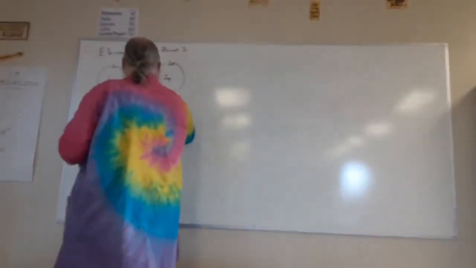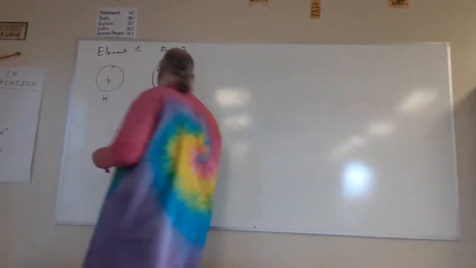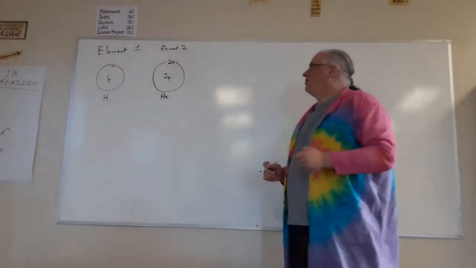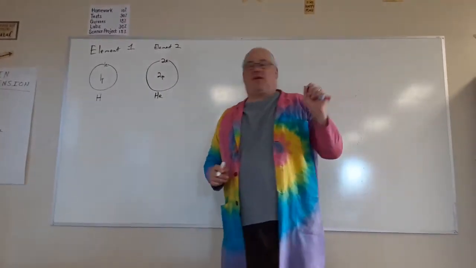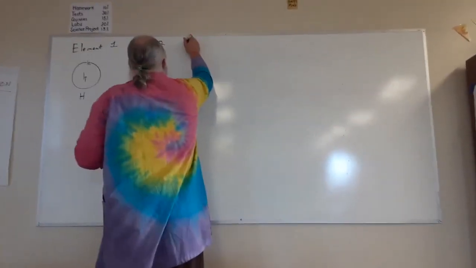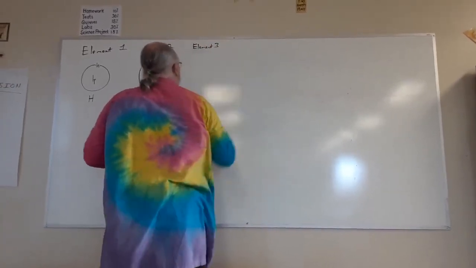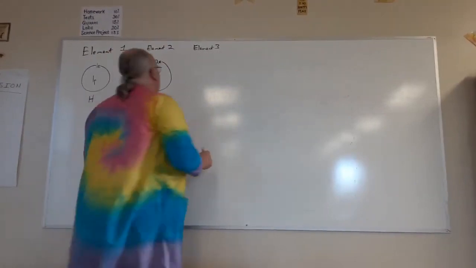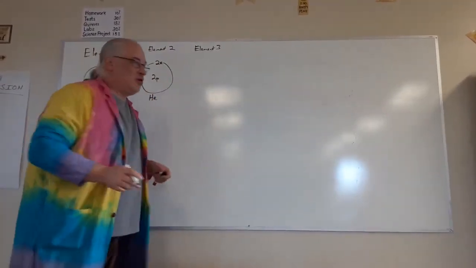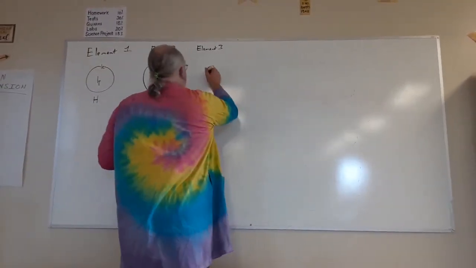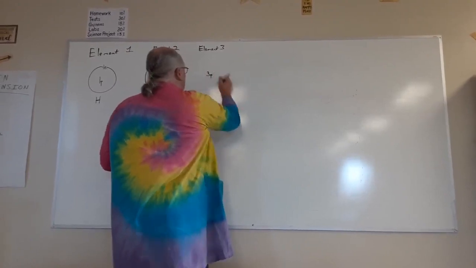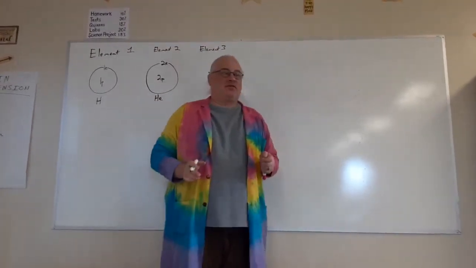So there we've got element two, helium. All right, then let's look at element three. Element three would be lithium. And because it's element three, it would have three protons in the nucleus.